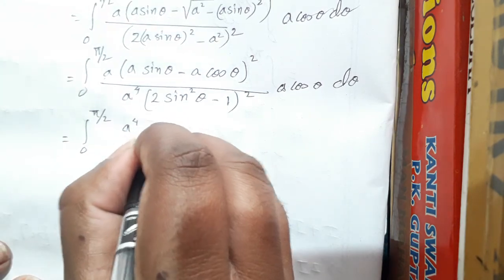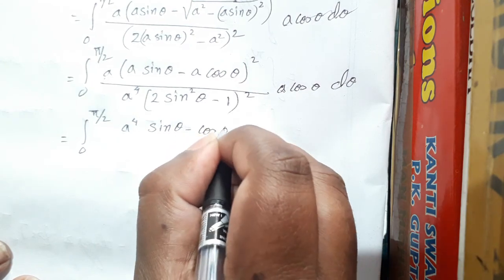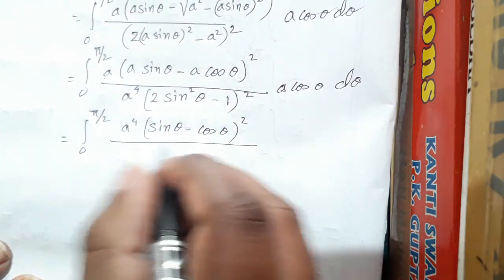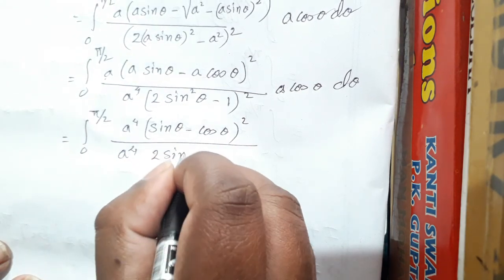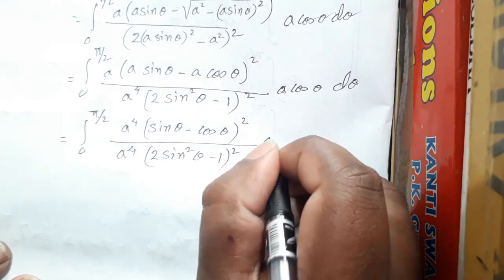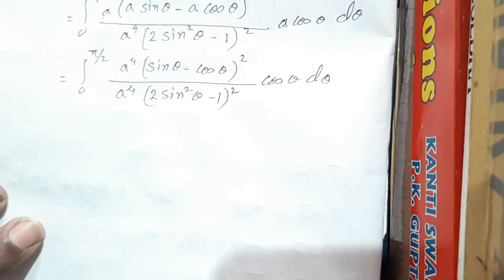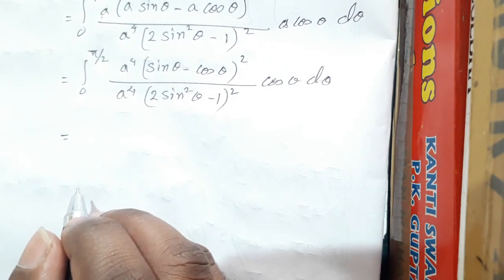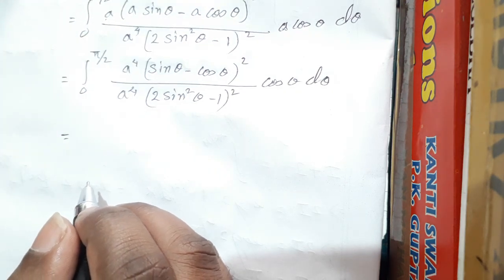So we have (sine theta minus cos theta) whole square divided by a to the power 4 times (2 sine square theta minus 1) whole square, cos theta d theta.